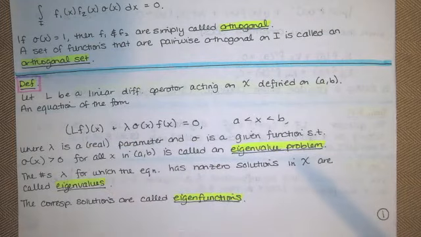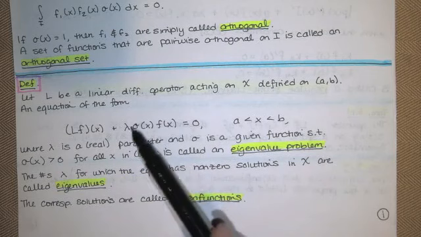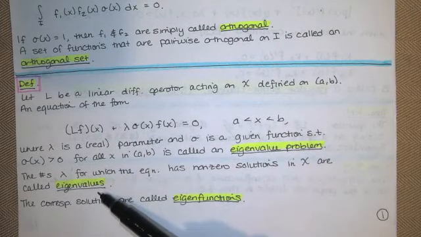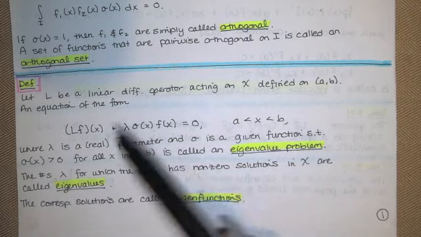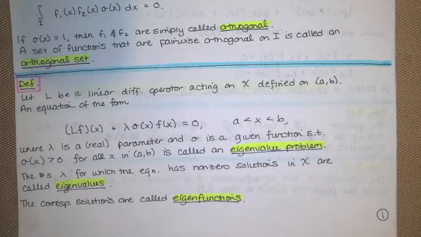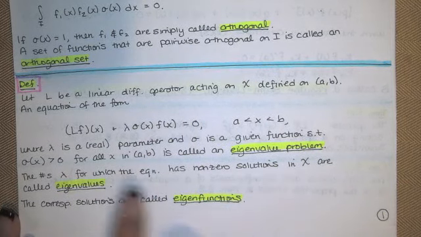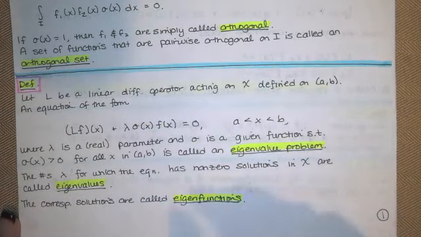We've got a differential equation, and we want to find some functions that satisfy the equation for given values of the parameter. The parameter values are called eigenvalues, and the functions that satisfy the equation are called eigenfunctions. And of course, remember from your ODE class that a solution to a differential equation is just a function you could plug in that would satisfy the equation. So you substitute and you would get a 0 after simplification.